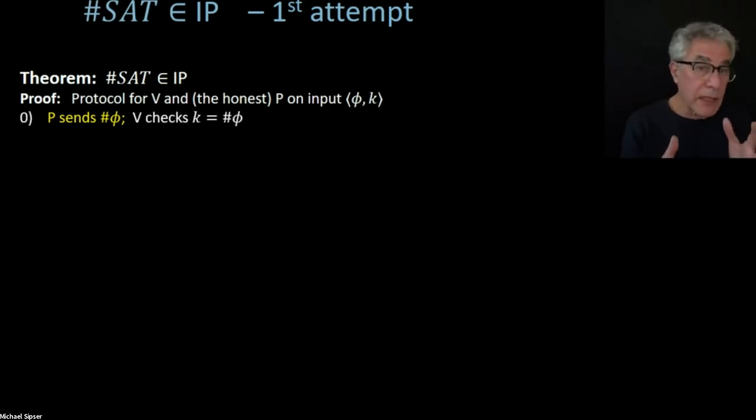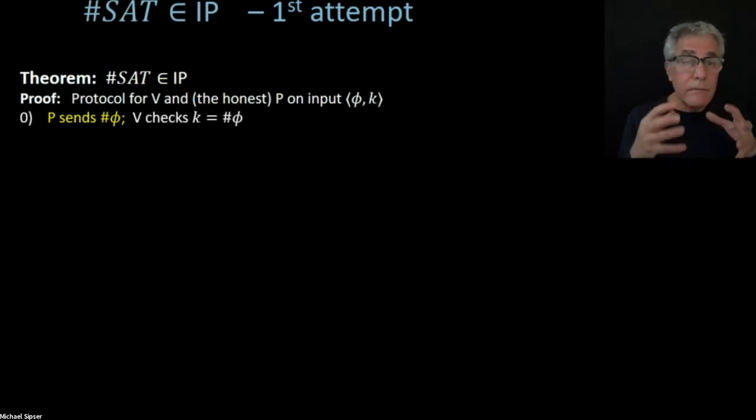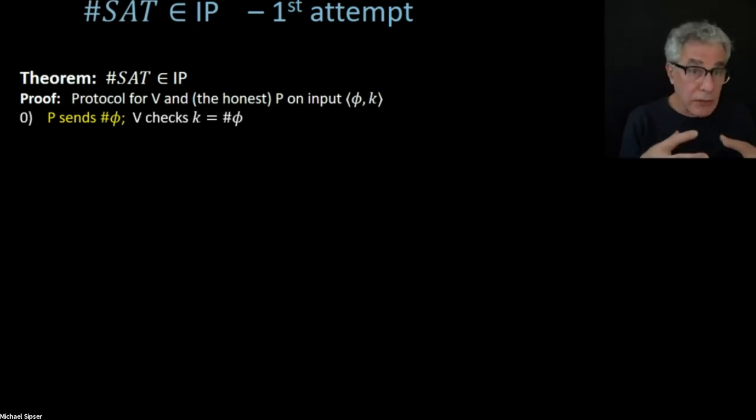Now, as you may remember from last time, this is going to end up being a flawed protocol because it's exponential. We're only allowed to have a polynomial size protocol. But just looking ahead, in this protocol, the verifier is going to end up accepting with probability 1 for an honest prover, and with probability 0, no matter what the prover tries to do.